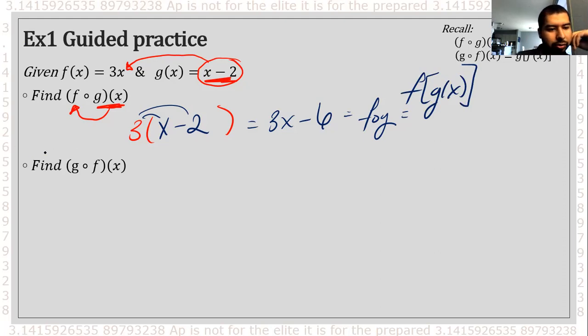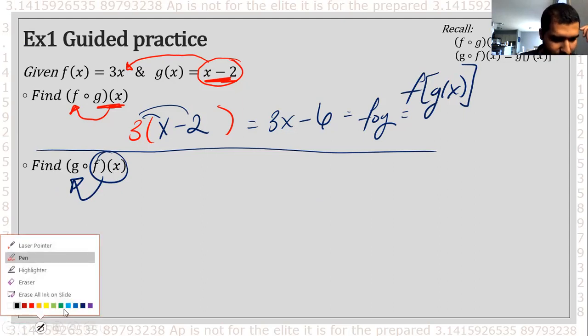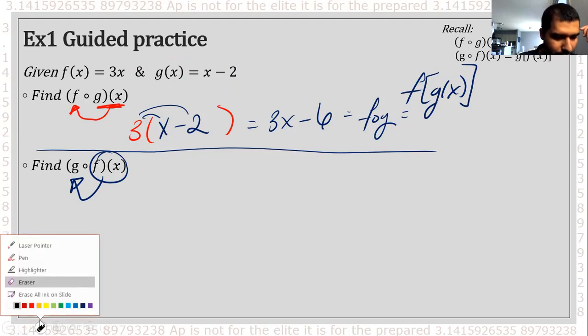Okay, let's try the next one. I got g o f, so my F goes inside my G. Let's try that out. Oops, let me get a different marker. So my G function, I'm sorry, let me erase this so I can have a better picture. Okay, so I'm going to use my dark blue.